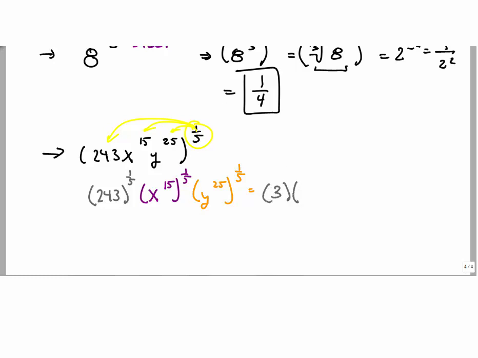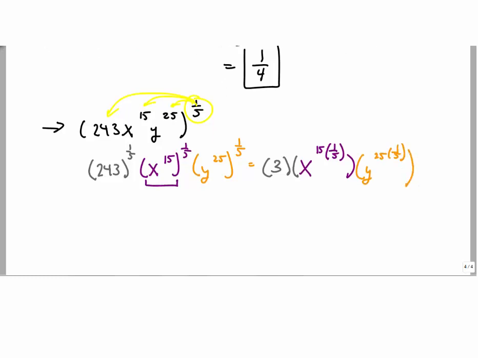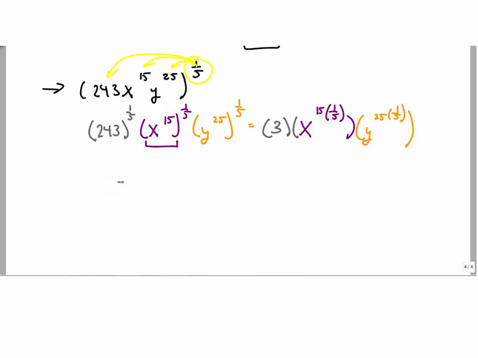Now in the purple here, x to the 15th to the 1/5, remember when you multiply like bases you add exponents, but when you raise a power to a power, you multiply exponents. And the same will hold true, y to the 25th to the 1/5. When you raise a power to a power, you multiply the powers. 1/5 of 15 is 3, so that would be x to the 3rd.